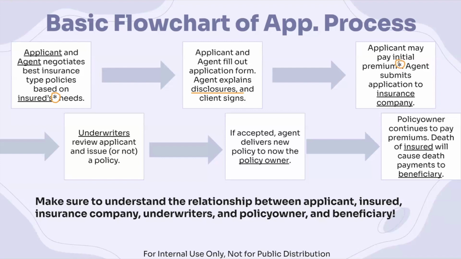So in life insurance, we know that if the insured passes away, it will cause the death benefits or payments to be paid to the beneficiary. If it's in health insurance, then the policy owner can file claims, and if the claims become approved, there could be benefits paid for those health claims or accident claims.